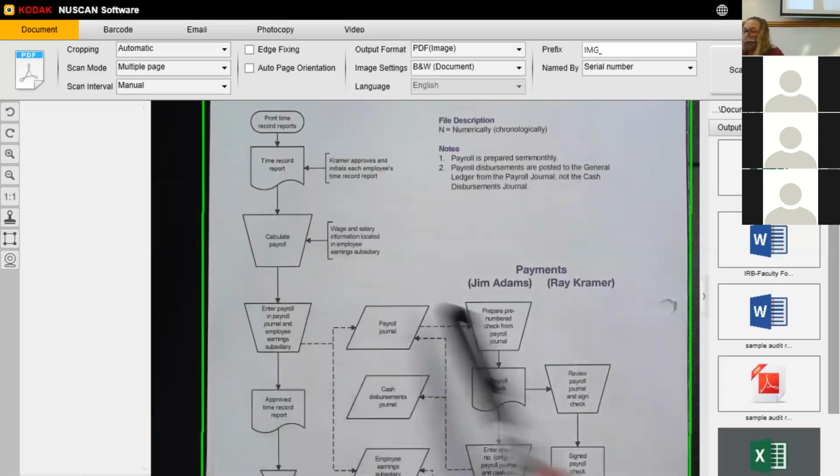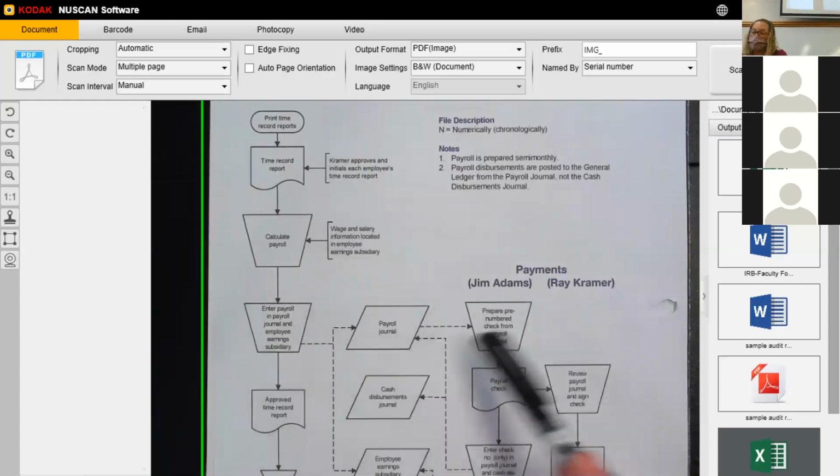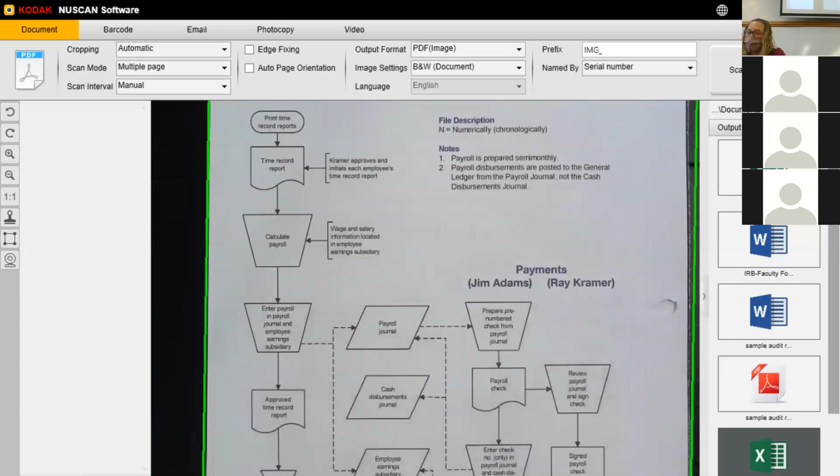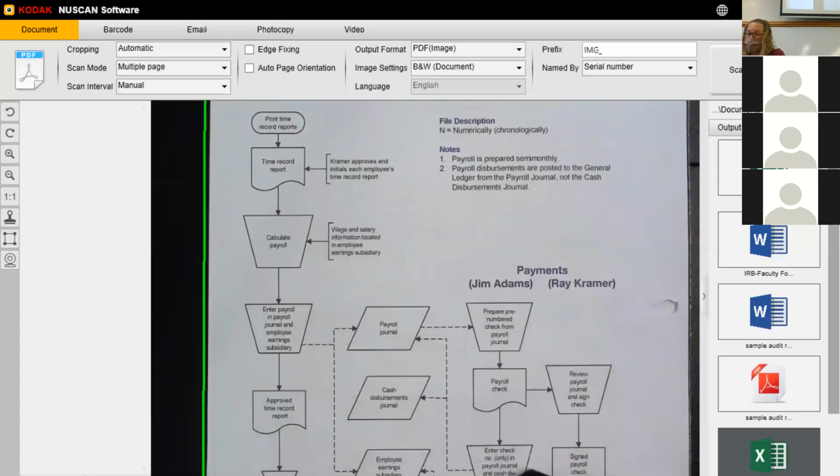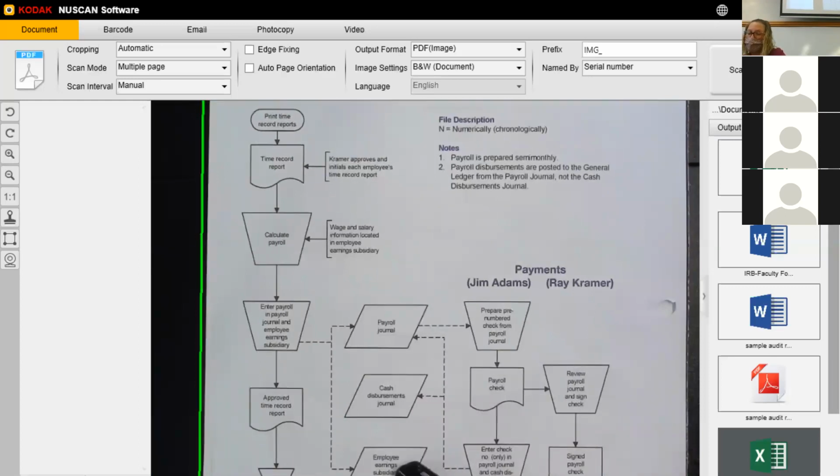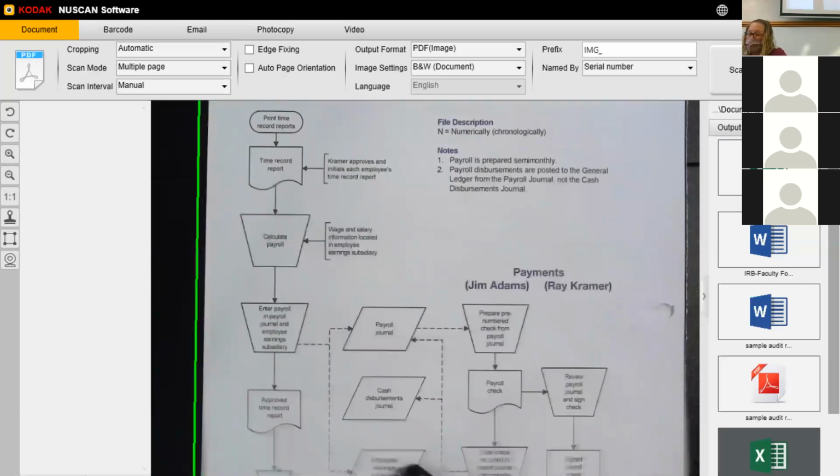And once we record the journal entries, we begin the process of actually issuing the payroll checks. The check numbers are recorded in the payroll journal and the cash disbursement journal, and then the amounts and the date are recorded in the employee earnings subsidiary.